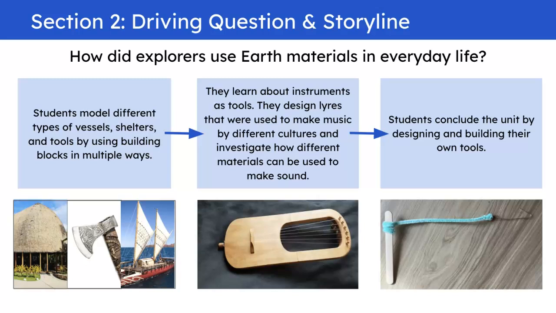They make connections that small pieces or building blocks can be used in multiple ways. They learn about instruments as tools. They design lyres that were used to make music by different cultures and investigate how different materials can be used to make sound. Students conclude the unit by designing and building their own tools.